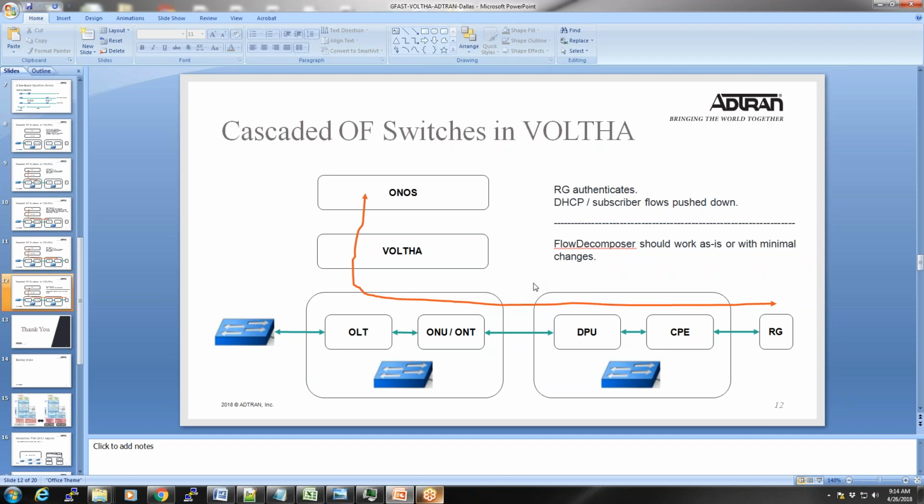When we at AT&T set this up today, and obviously this is not how it's done in VOLTHA today, the way we aggregate the DPU is configured, the subscriber flow information is known at the DPU and is untouched through the OLT.